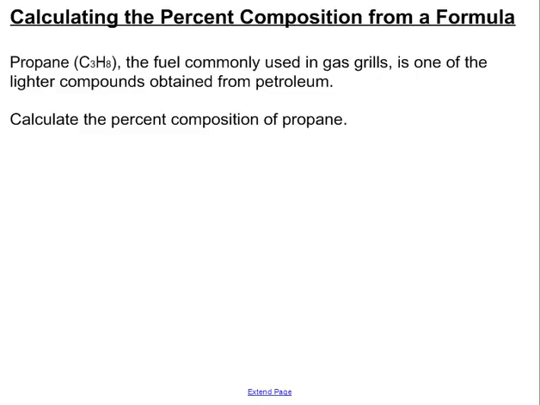Because we have the chemical formula C3H8, and a periodic table which has the average masses for these elements, we can easily calculate the percent composition. Starting with C3, there are 3 carbons, and from the periodic table each carbon is 12.0, so that's 36 grams of carbon.